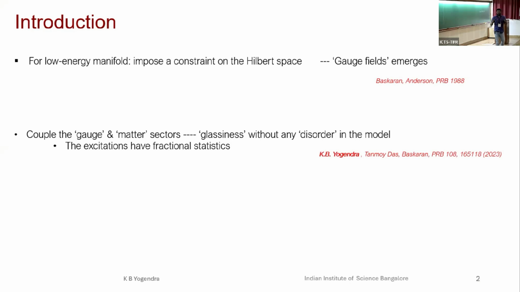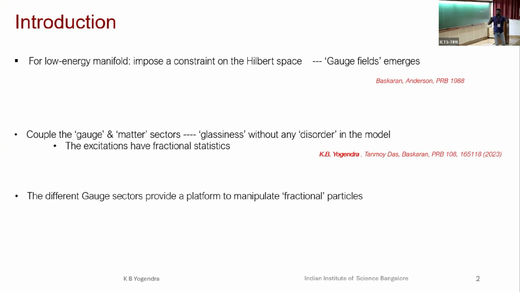That is mainly due to the restricted dynamics of the excitations. Here the excitations have fractional statistics, and that is the main reason for the glassiness in this model. Mainly, the different gauge sectors give a platform to manipulate these fractional particles. That is my main goal here.